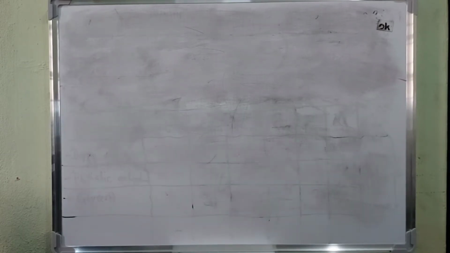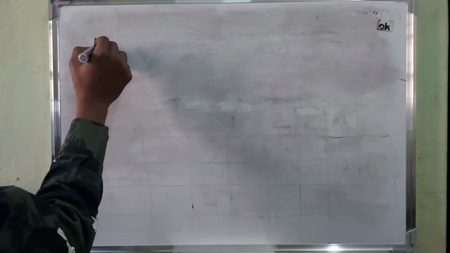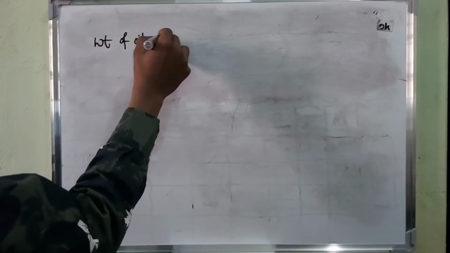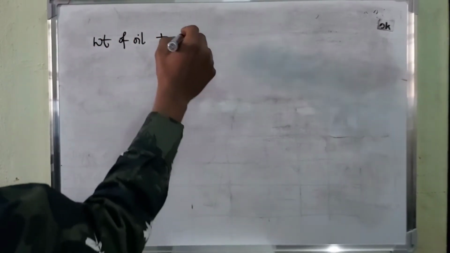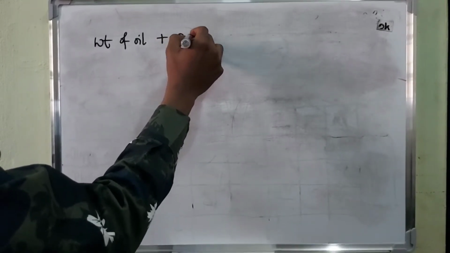Now we're going to have a relationship that could give us the actual weight of the acid anhydride and the glycerol in combination with the oil that we would be employing for the synthesis. So that relationship, we should have weight of oil plus the acid anhydride, that's phthalic anhydride, let's call that PA.